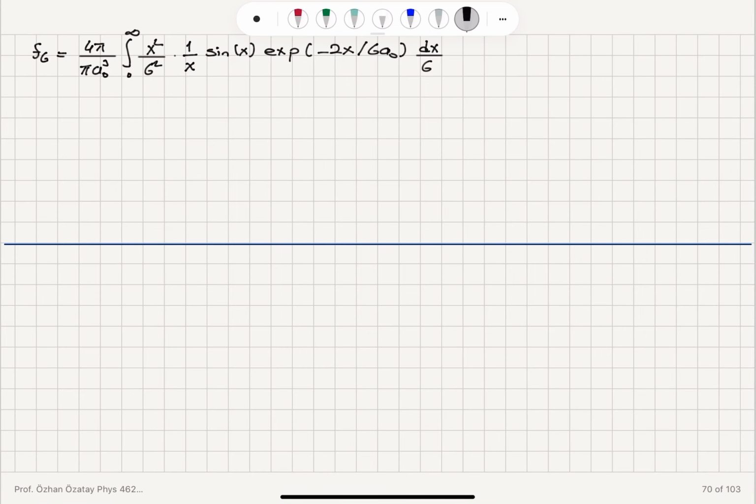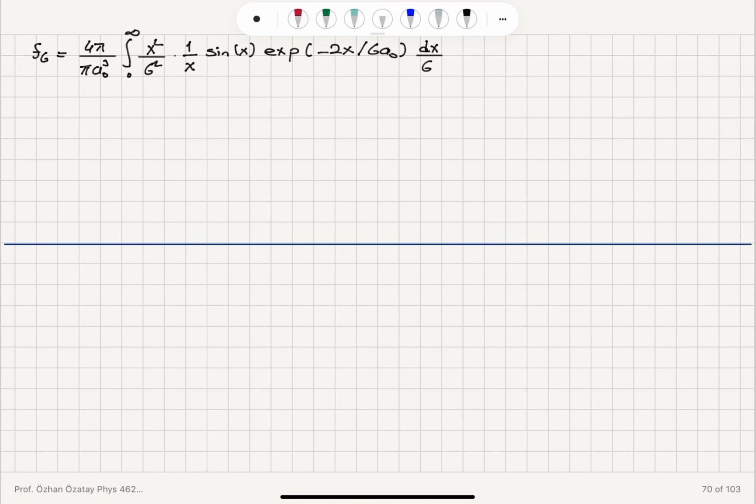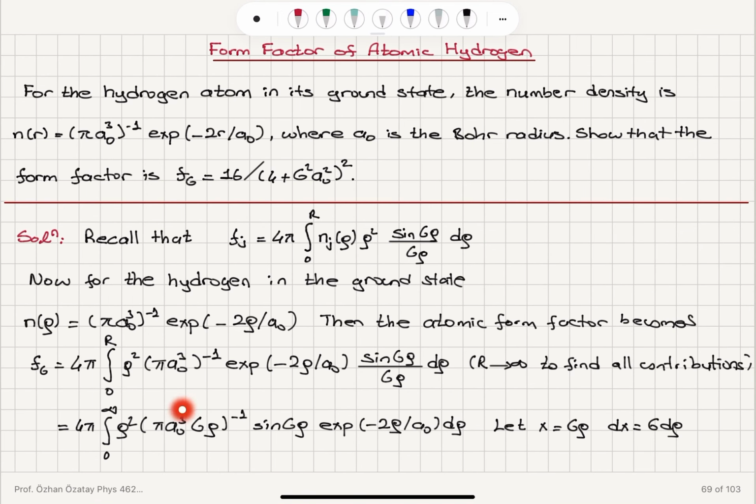Let's check how we reach this. We substitute x = gρ, so ρ is x over g. The ρ² becomes x²/g².